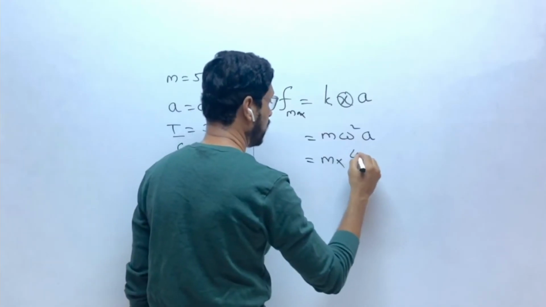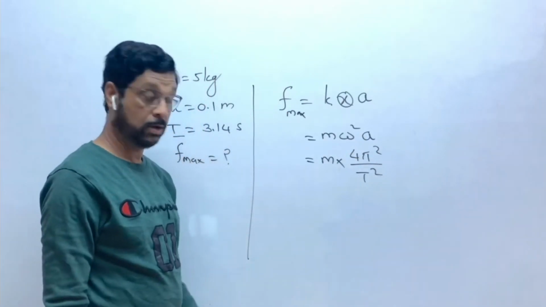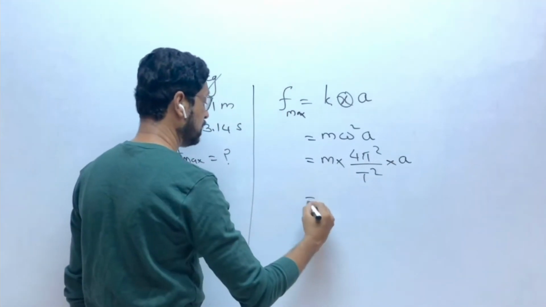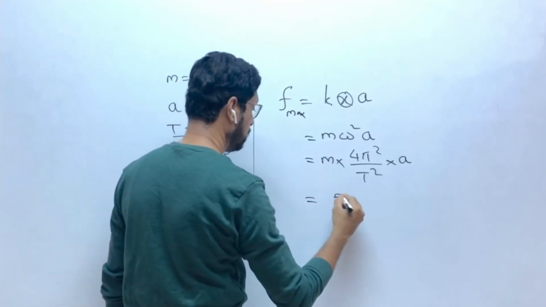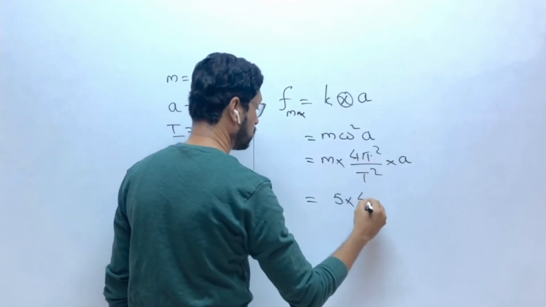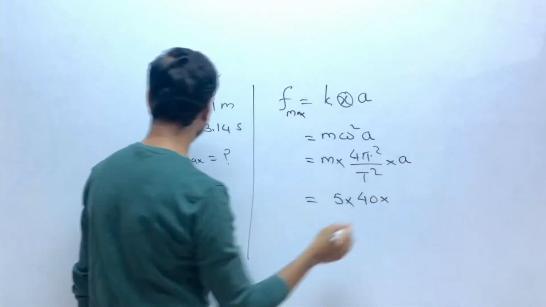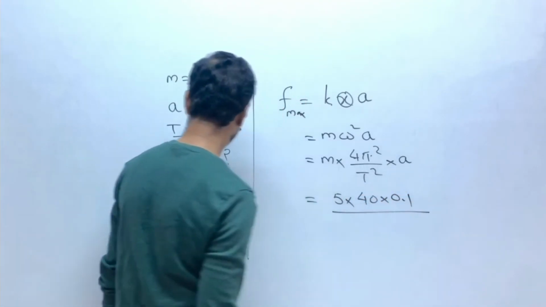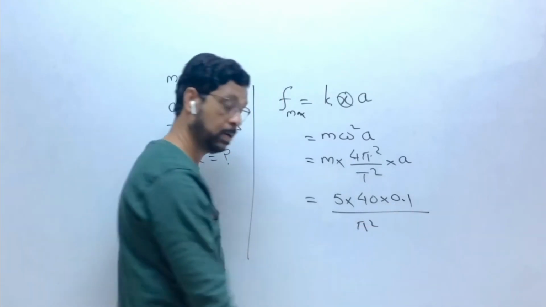So omega square will be 4 pi square upon T square, that is (2 pi by T) squared, into A. That is equal to mass 5 kg into 4 pi square into amplitude 0.1 meter upon T square, which is pi square again.